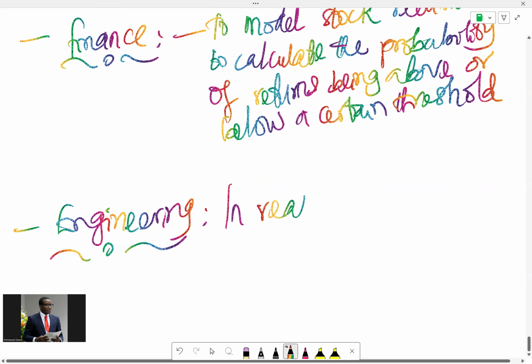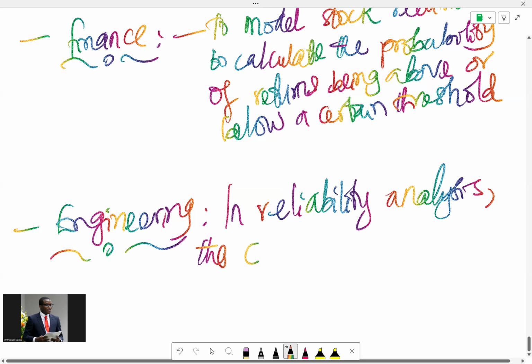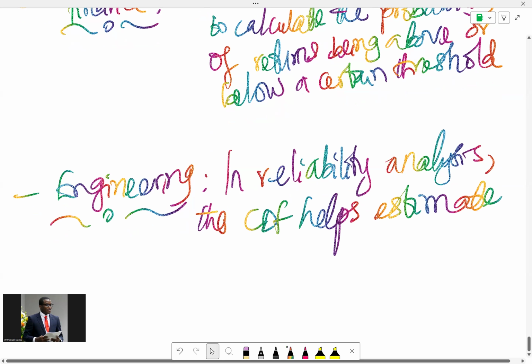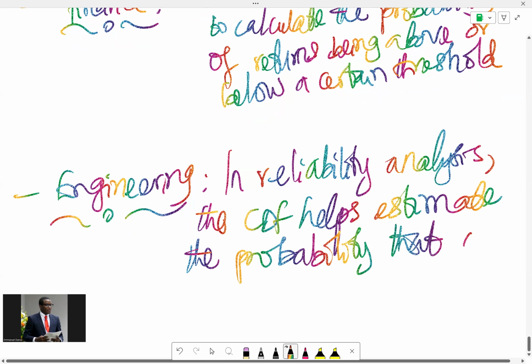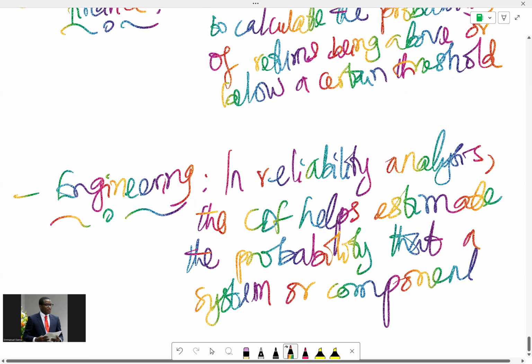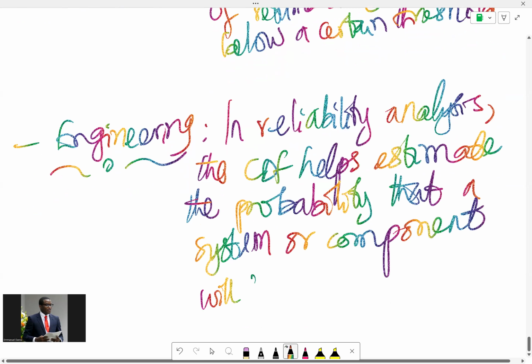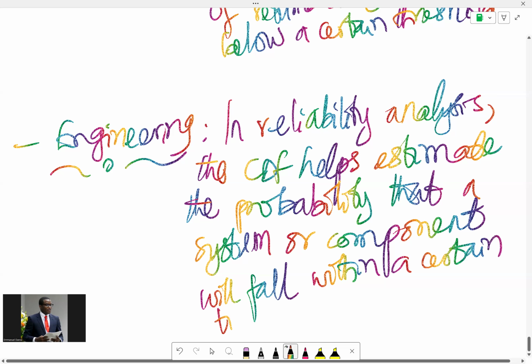So in reliability analysis, the CDF, the cumulative distribution function, helps estimate the probability that a system or component will fall within a certain time frame.